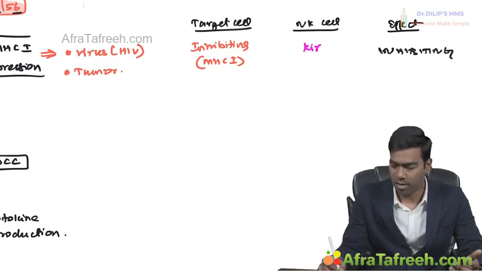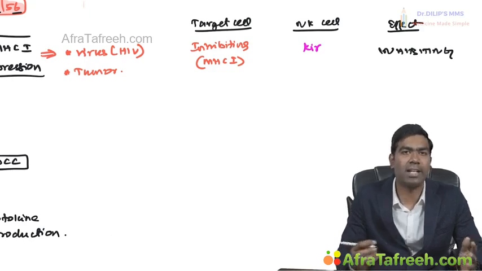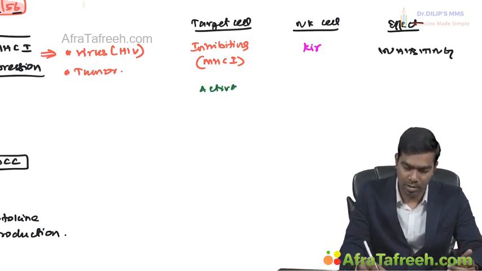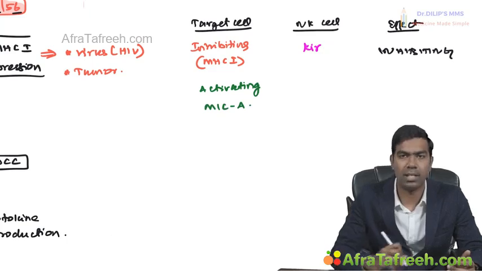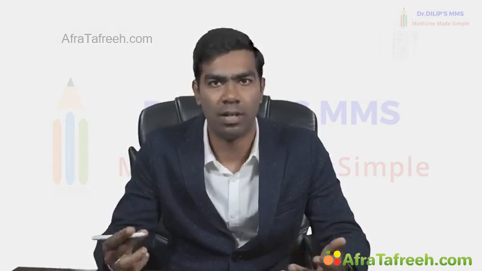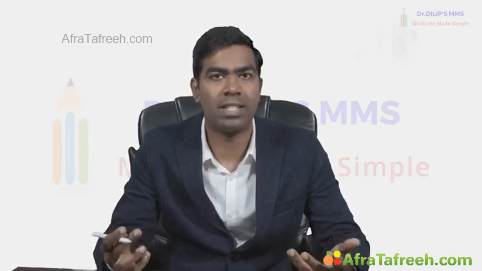Number 2, on the target cell you also have a ligand for activation, called an activating receptor. The activating receptor is classically something called MICA. This is a very important activating ligand from the target cell. The cell also tells that I've been infected or I'm an abnormal cell, and that is done by expressing markers called MICA.